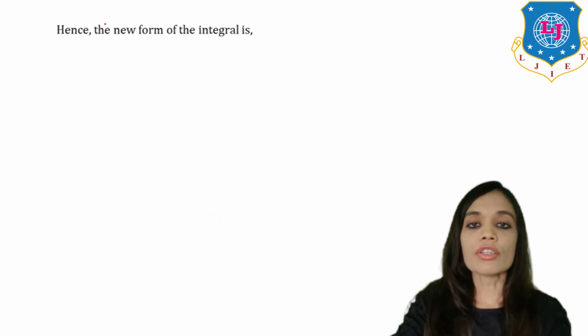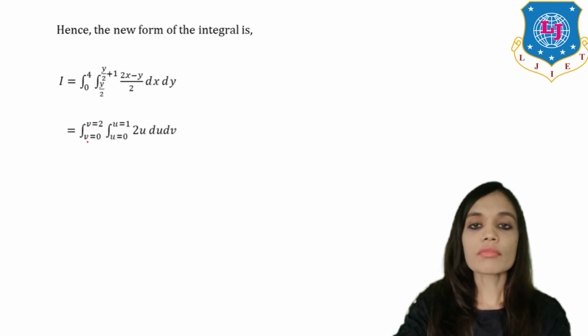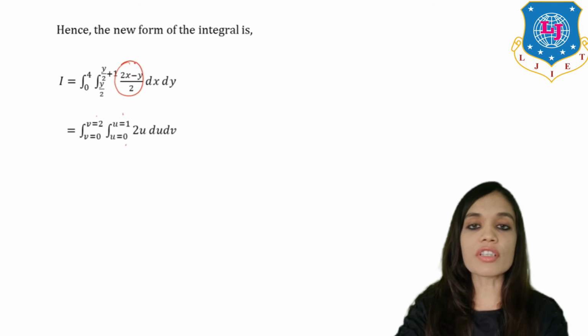So now the new integral will be of the form double integration over v is equal to 0 to v is equal to 2 and u is equal to 0 to u is equal to 1. Now we know this is equal to 2u du dv. Now let us integrate this firstly with respect to u.